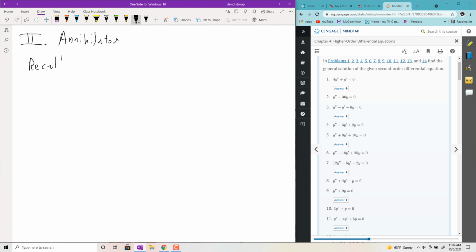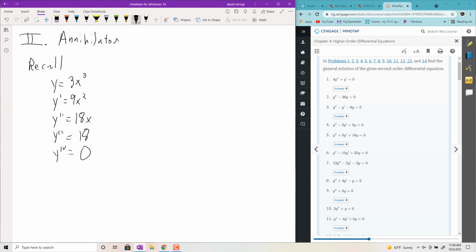Recall, if you have a polynomial, say y equals 3x cubed, and you keep taking the derivative, eventually you'll get 0: 9x squared, 18x, 18, 0.